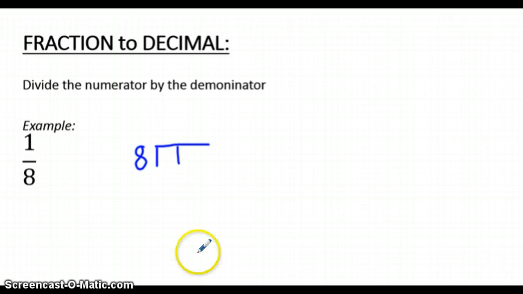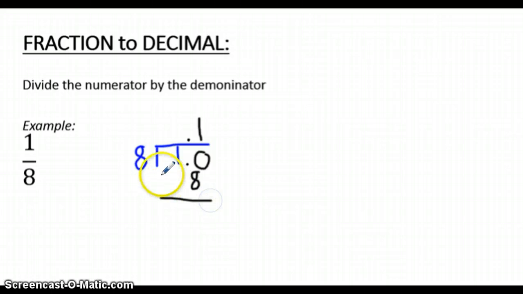Does 8 go into 1 evenly? No. So we're going to do decimal point 0. And we have to remember, very important, to bring up our decimal point. Now we're going to say how many times does 8 go into 10? It goes into 10 once. 1 times 8 is 8. We subtract. 10 minus 8 is 2.